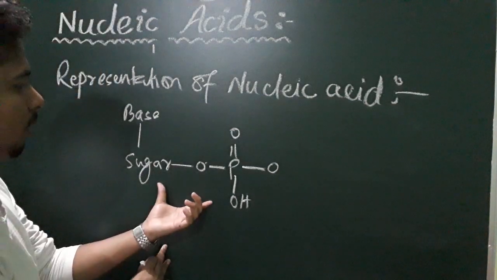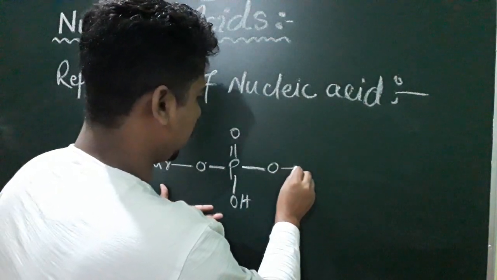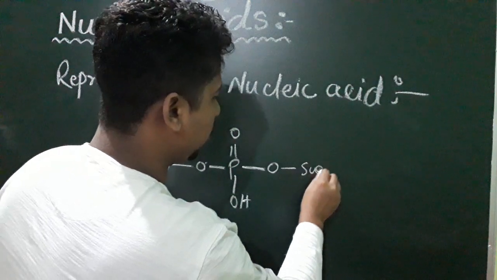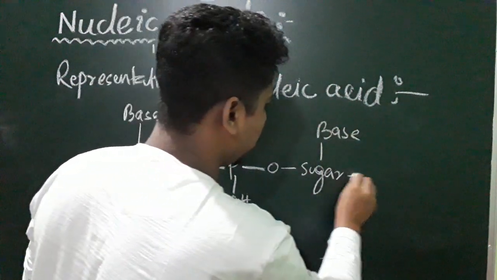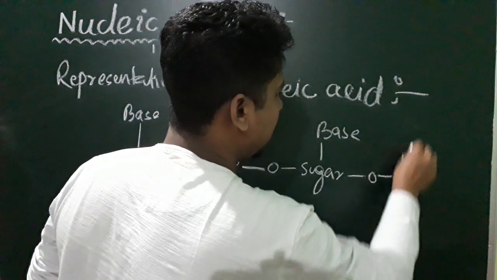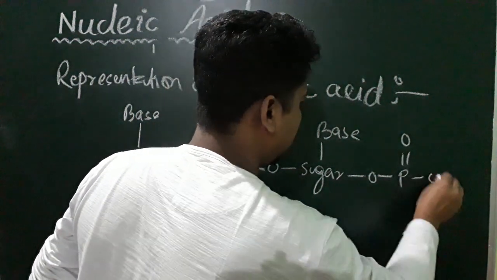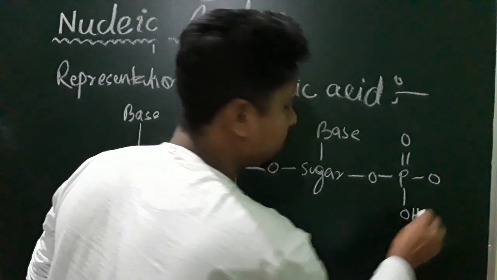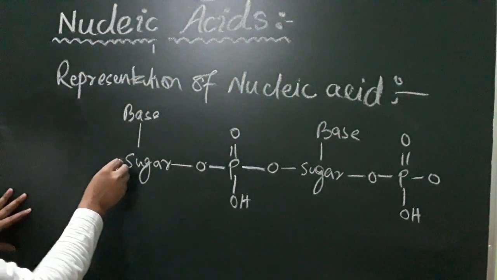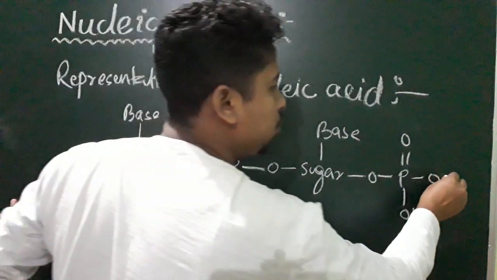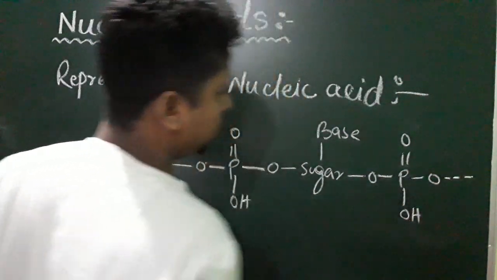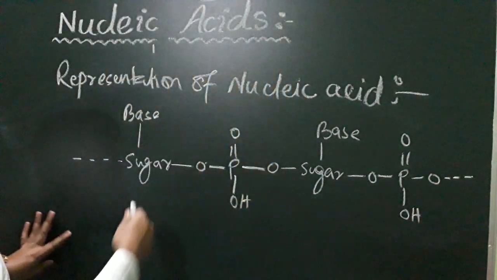This is one nucleotide, and it will be linked with another nucleotide. Here we will have sugar, base, and phosphate, O, P double bond O, O, OH. This sugar will be linked with another nucleotide unit, and this oxygen will be linked with some other nucleotide unit. So a nucleic acid can be represented like this.